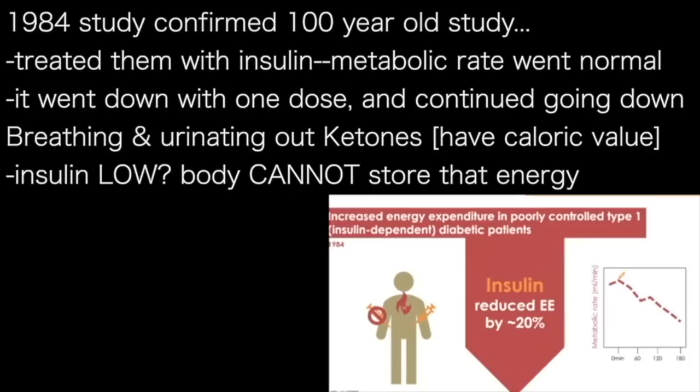That's another mechanism whereby if insulin is low, the body cannot store that energy. It must get rid of it. And it does so by making everything just burn more. You have a higher metabolic rate, you're producing more heat, which is waste, and you're wasting the energy, not only glucose in the urine, if it's really extreme, but just the production of ketones and emitting those ketones in the breath and in the urine.